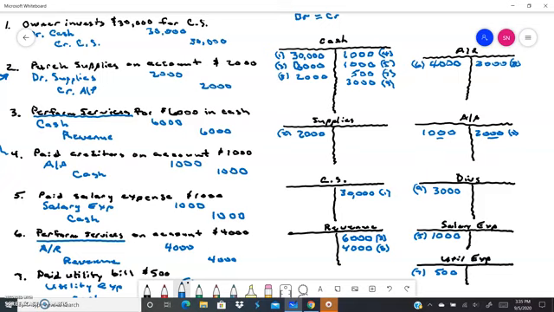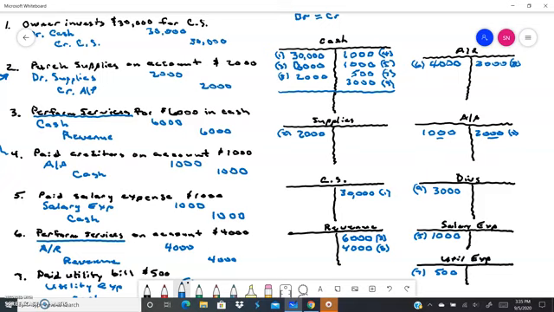All right, so at the end of the period, we would want to find the ending balances for each account. So what we're going to do is add up the debits, add up the credits, and subtract the two and find out what the net debit would be.